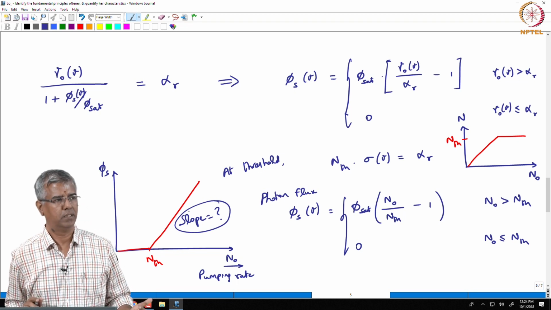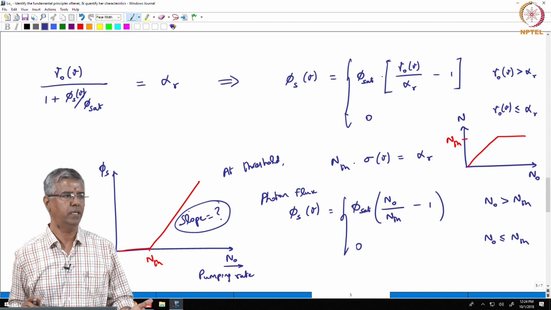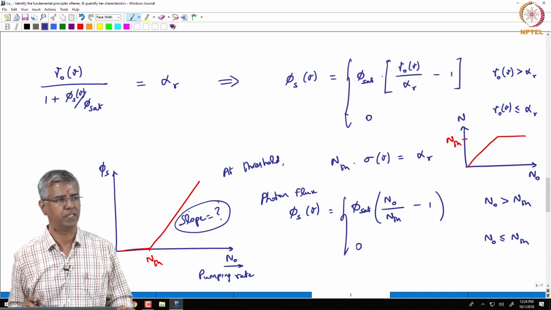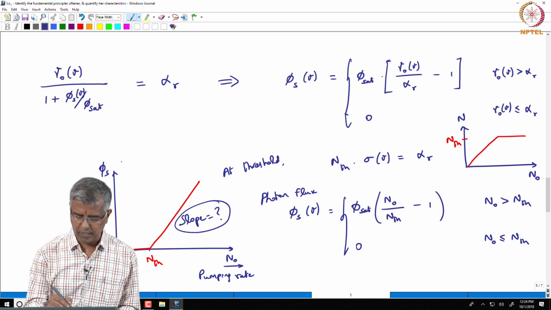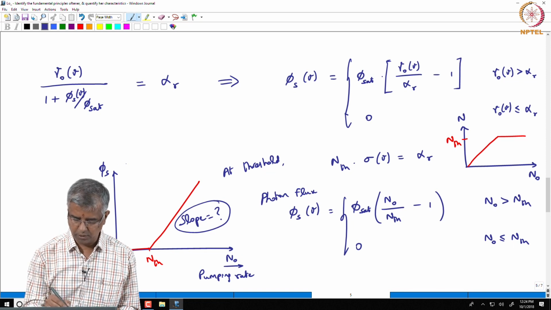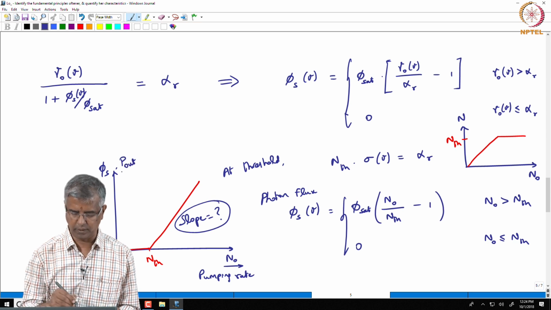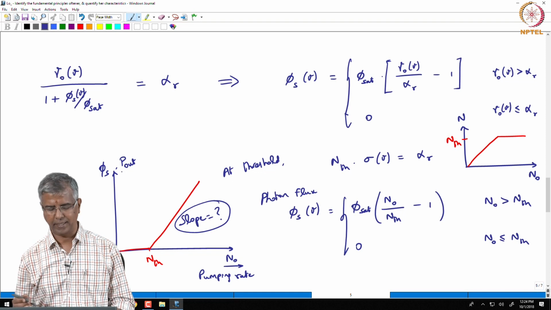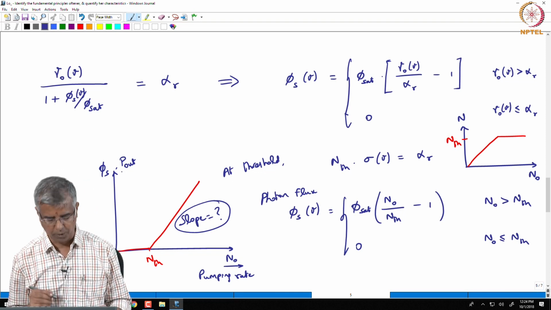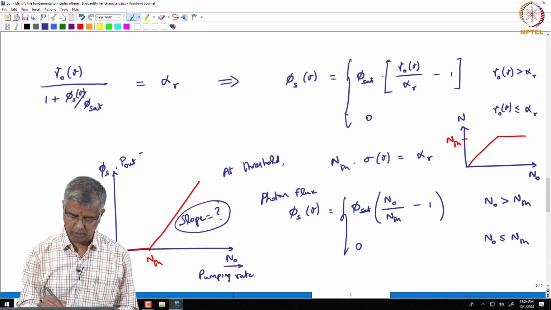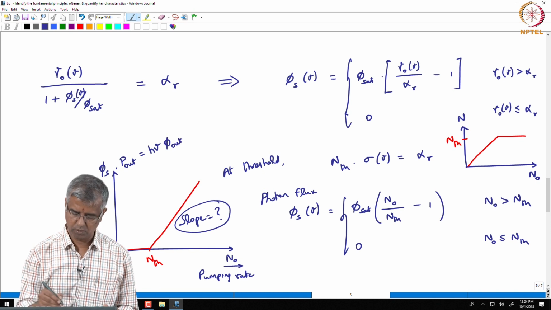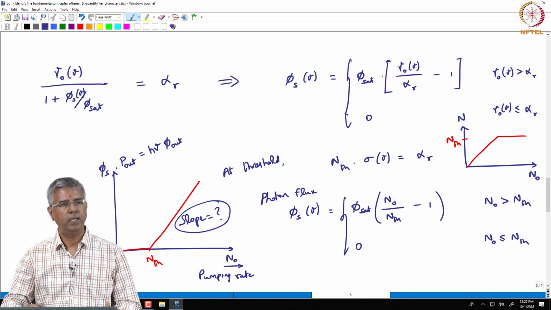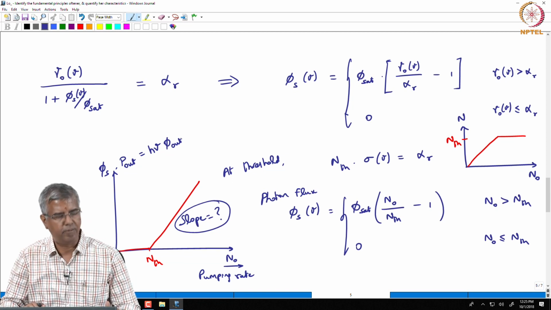And we stopped at the point of saying this conversion happens with a particular efficiency, and we wanted to quantify that efficiency, right. So, that is where we stopped. So, we said this could be looked at as phi s, or you could also look at it in terms of the output power as a function of the input pump power, and this output power will be given by h nu multiplied by the output signal flux.